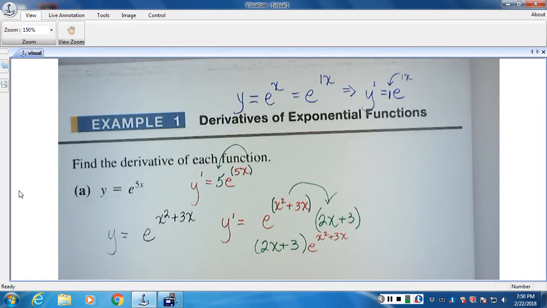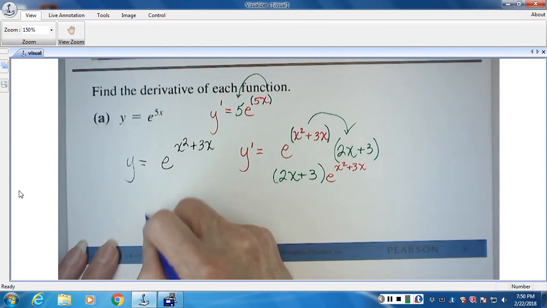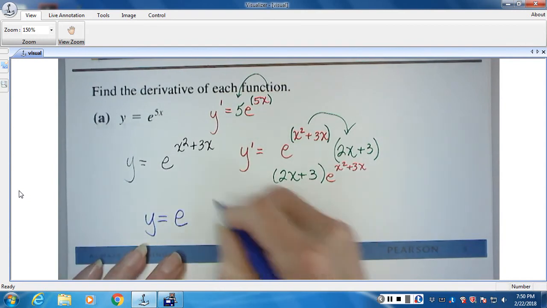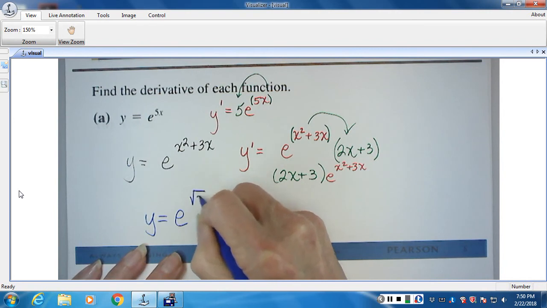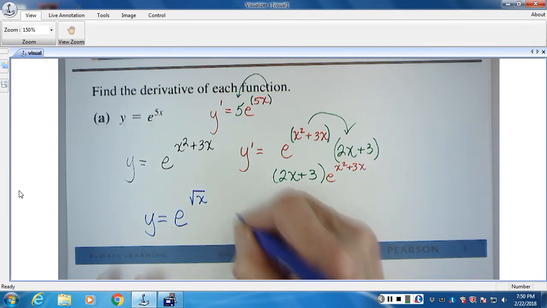Now, before I leave this one, because this one is fairly simple, I don't want to complicate things. Let's try one more that's just a variation on the same thing. What if it's y equals e to the square root of x power? What's the first step to taking the derivative?